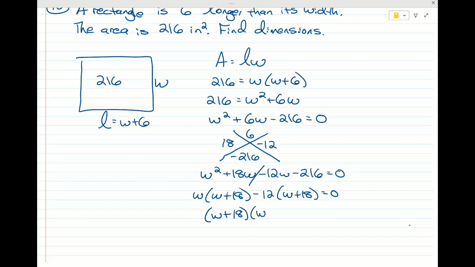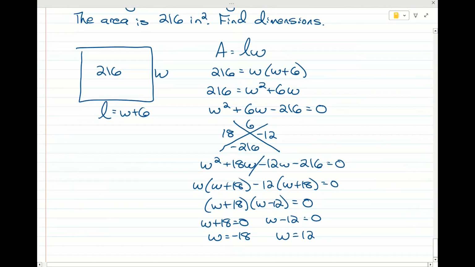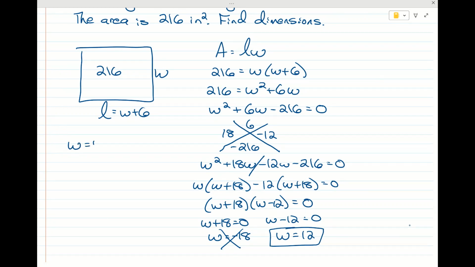We're left with w minus 12. And then making each factor equal to 0, we get w would be negative 18, and w would also be 12. Now it doesn't make sense to have a negative width, so the width for this rectangle would be 12 inches, and the length would be 6 more than that, which is 18 inches.